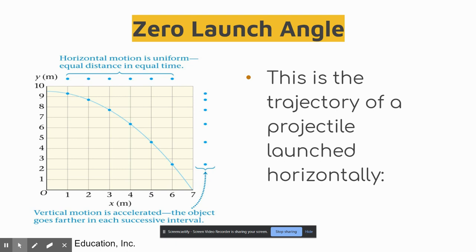Okay, that's going to be an important piece of information to keep in mind because that can help you to solve problems later. When you remember that the motion in the x direction is constant, but in the y direction, it will accelerate.